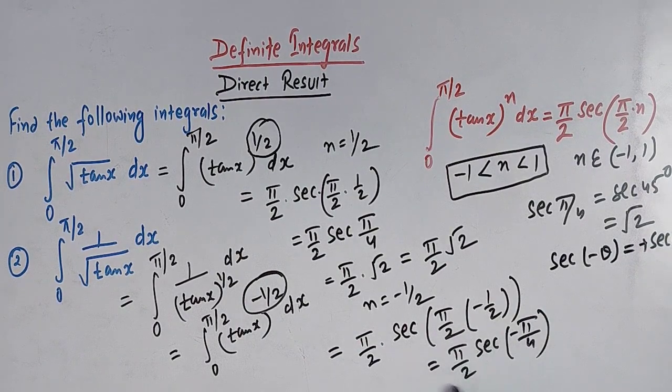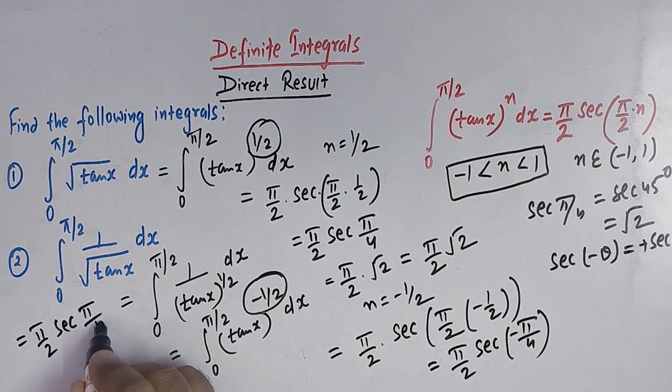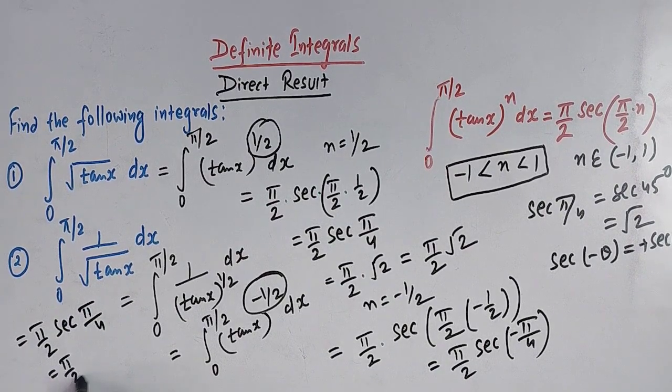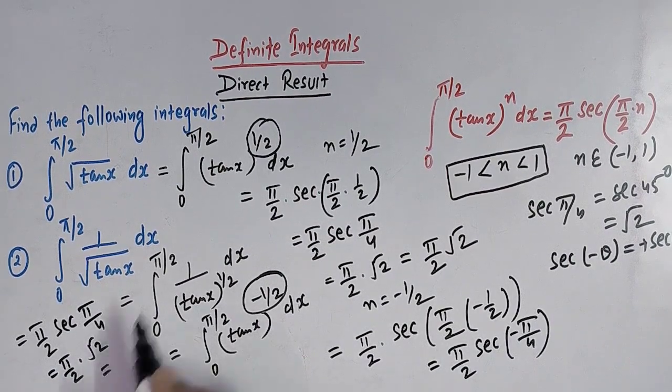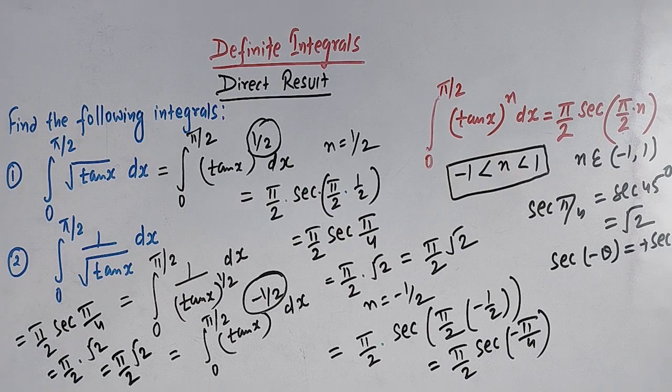So now this expression can be written as pi by 2 and secant of pi by 4, and secant pi by 4 is equal to square root of 2. So the value of this integral is also equal to pi by 2 times square root of 2.